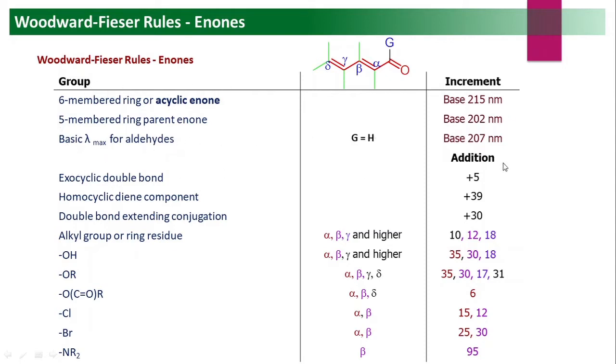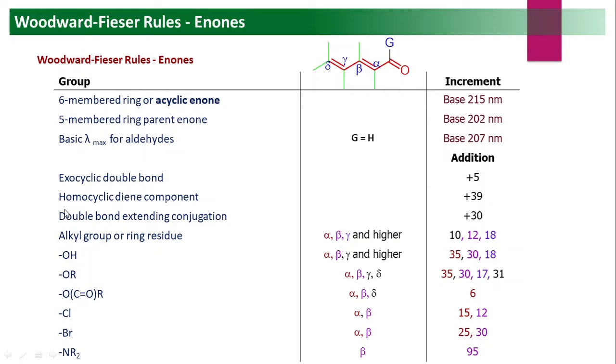Now we will see the additions. If some components are present in the molecule, which value do we have to add? Suppose an exocyclic double bond is there. As we know, exocyclic means a double bond outside of the ring, sharing one carbon of the ring. Then we have to add 5 nanometer, similar to the diene.